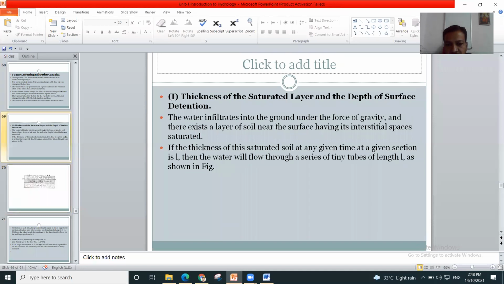Water infiltrates into the ground under the force of gravity. Under the force of gravity, the water will move downward through the voids of the soil.